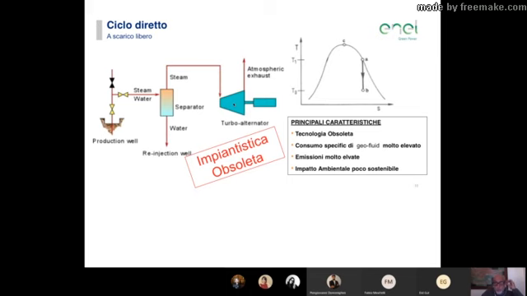You don't want to lose thermal energy and also pressure to go to the turbine, because you are going to use only the back pressure to run the turbine. So this is the turbine, and the alternator is represented by this rectangle on the right-hand side.